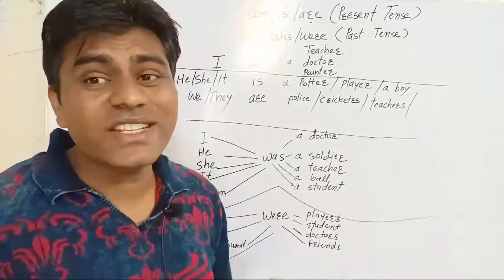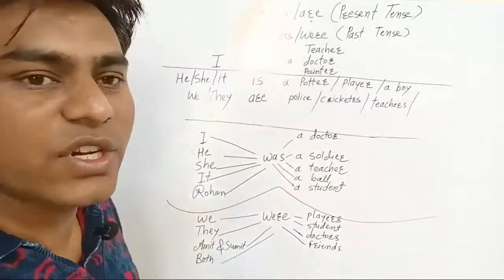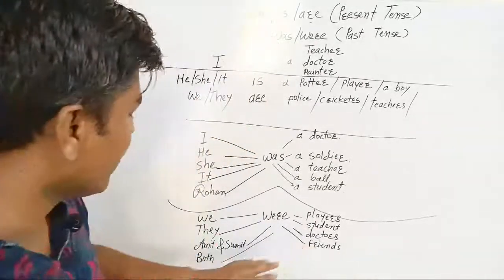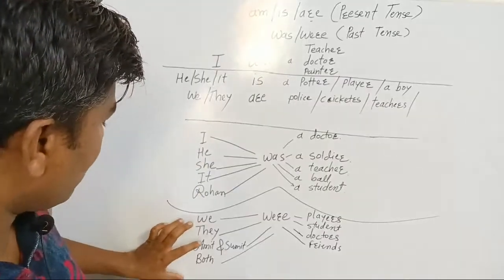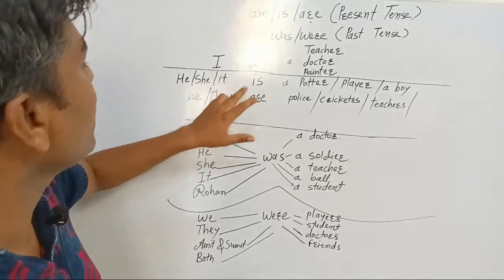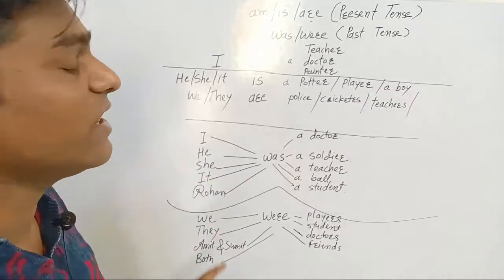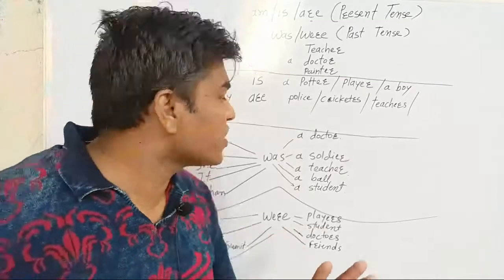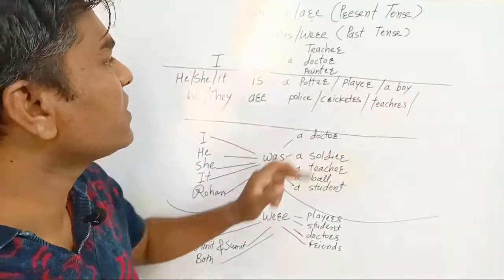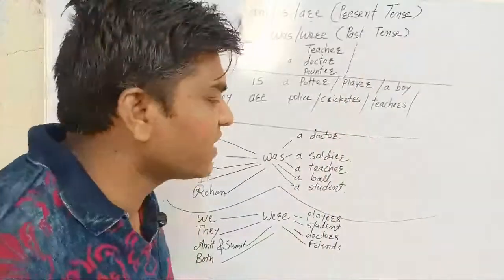Okay, so these are the different sentences I have written on the board. I have written here the 17 or 20 sentences, more than that. Okay, these are the different sentences.